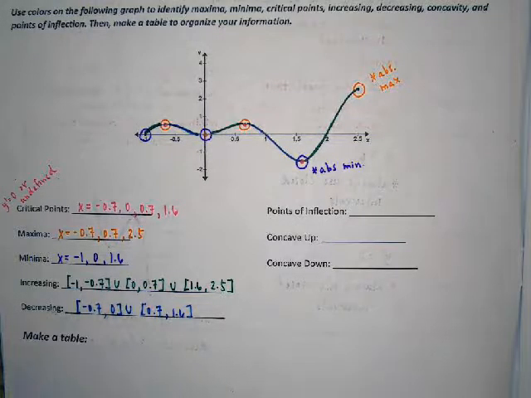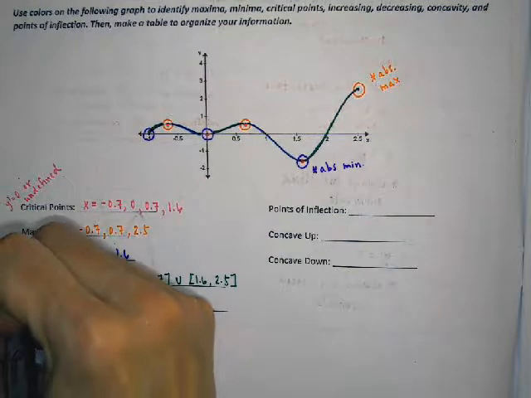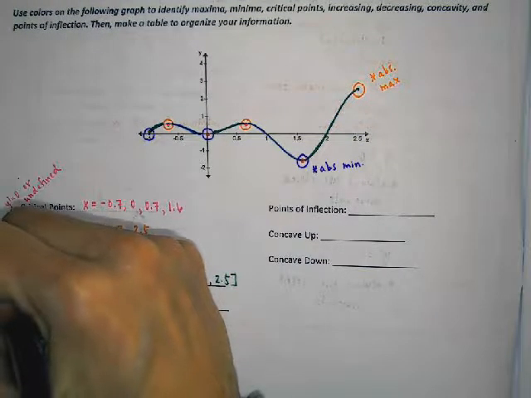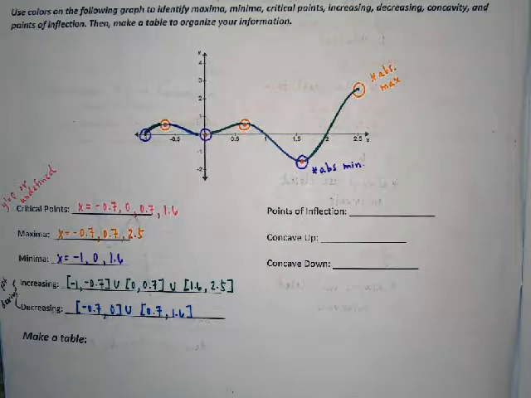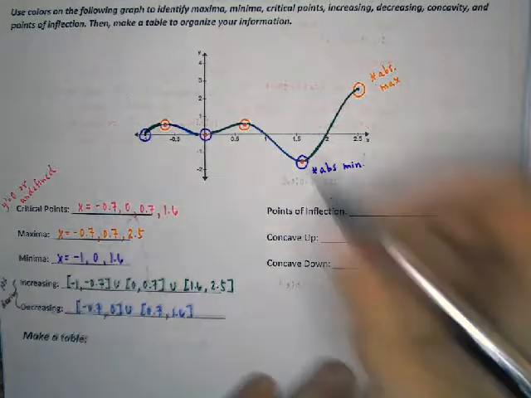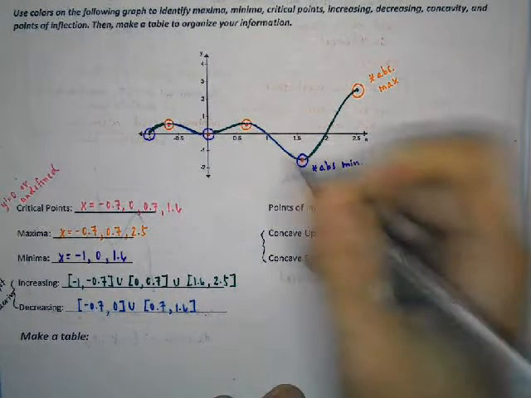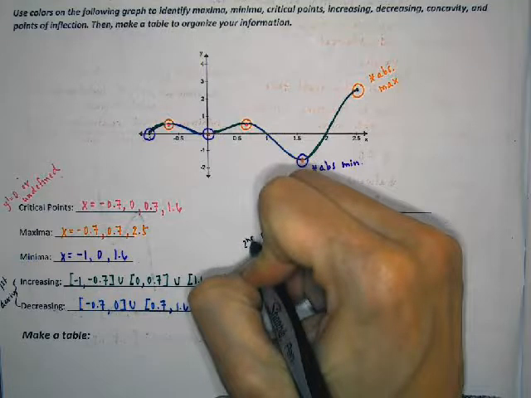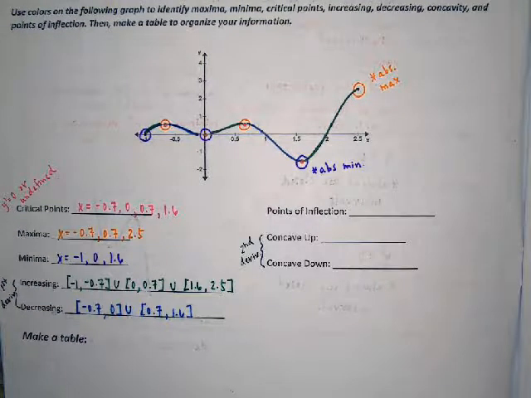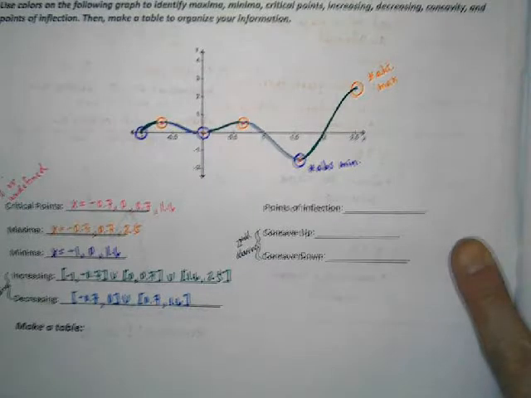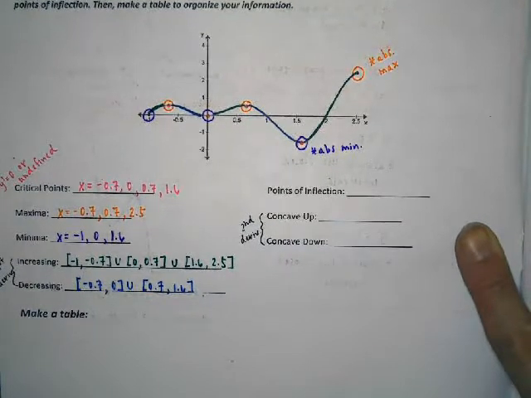I want to make a note here. This increasing and decreasing is related to our first derivative. And so we have all closed notation there. When we start talking about concave up and concave down, that will be related to our second derivative. So let's take a look at that.